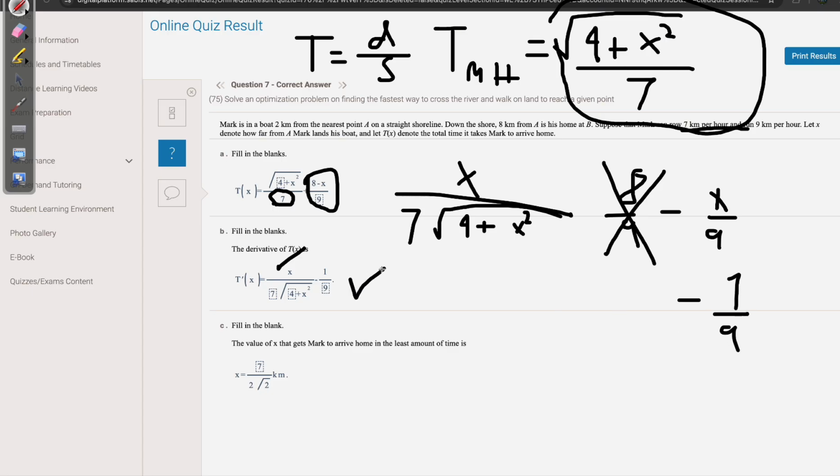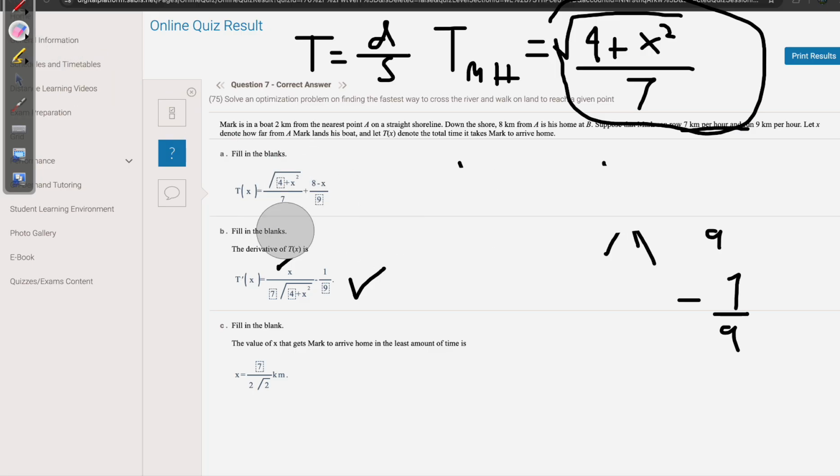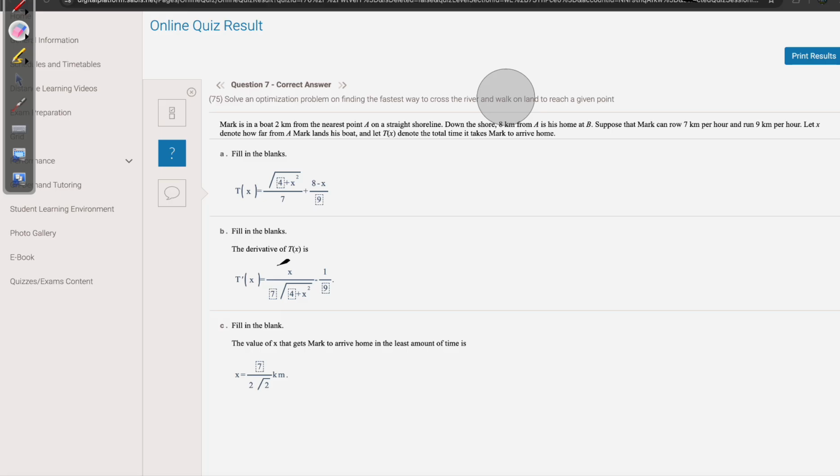Correct. Now they want us to find the value of x that gets Mark to arrive home in the least amount of time. Okay, so simply what we're gonna do is make what we got in part B equal to 0. I'll just take 1 over 9 to the other side.